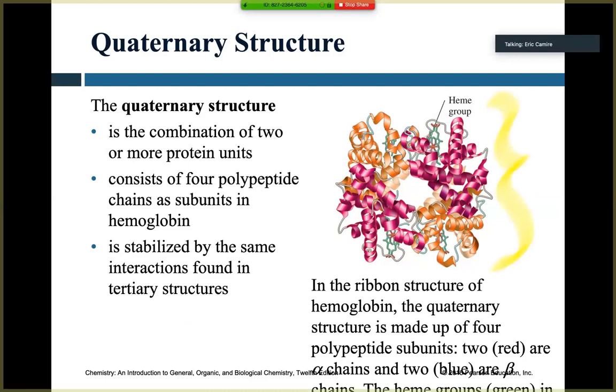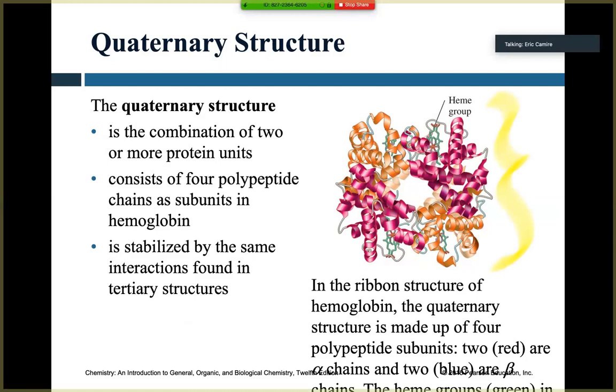Quaternary structure is the combination of two or more protein units. Each is called a subunit. In the picture that I showed you from the Protein Data Bank, the PDB, there are 4 different colors. Here, they're only using 2, but you can see they're alternating. It's 4 polypeptide chains, our subunits, in a single massive molecule of hemoglobin.